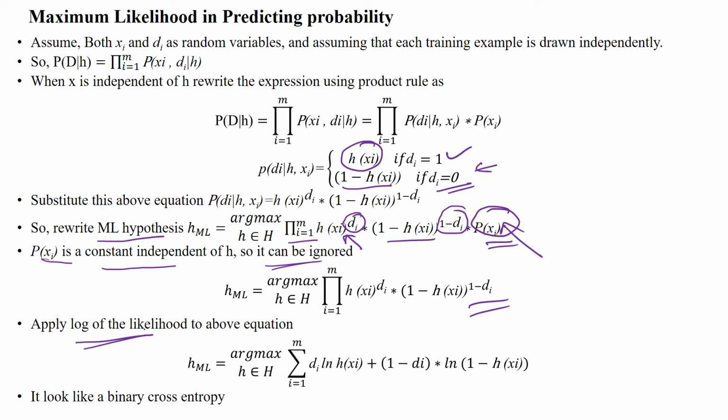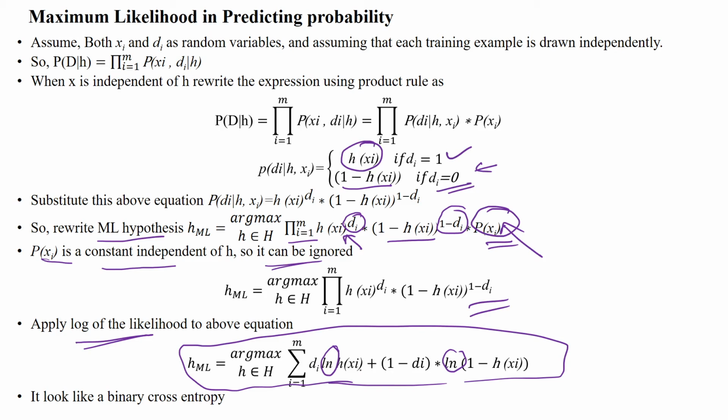Finally we apply the log likelihood, the natural logarithm to each term. This is the loss function, which looks like binary cross entropy. We apply this loss function to find the error in the given data set. This is the way to calculate the loss in maximum likelihood.